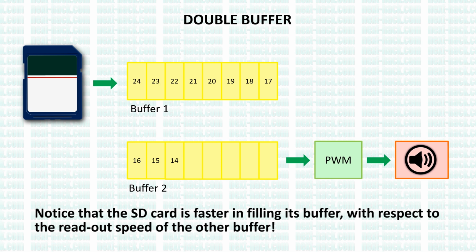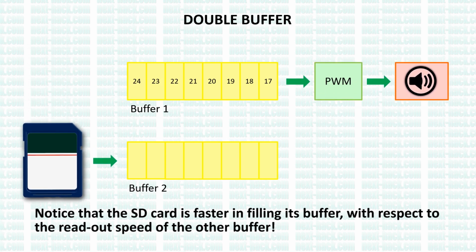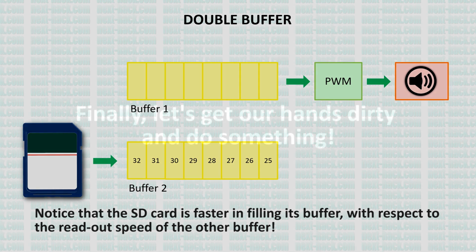At this point, we just swap the two buffers and we can repeat the process again. In this way, we do not have to worry too much about synchronization. The size of the buffer is one sector, therefore each buffer can store at most 256 16-bit samples.